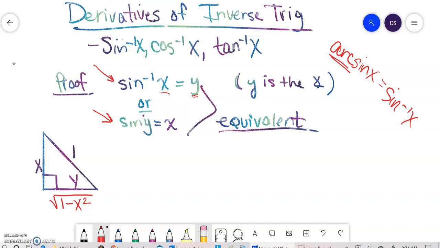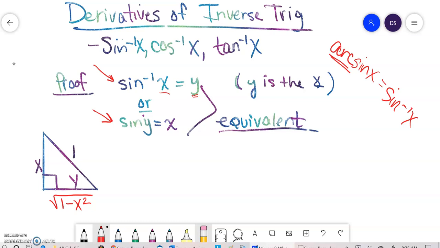They are different visual notations, but really the same meaning. So I'm going to prove to you where the derivative for inverse sine comes from.